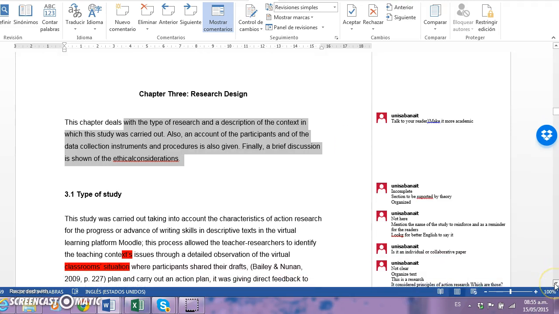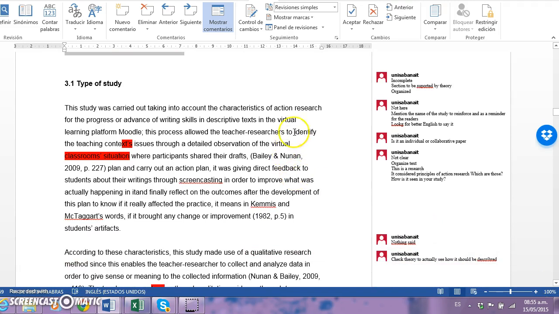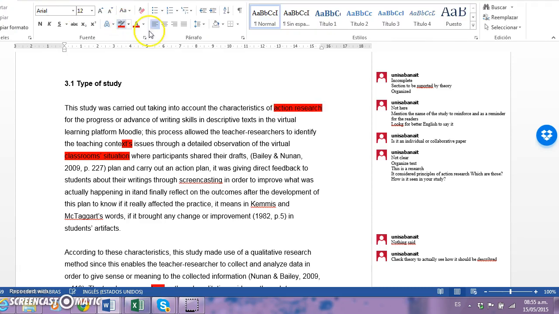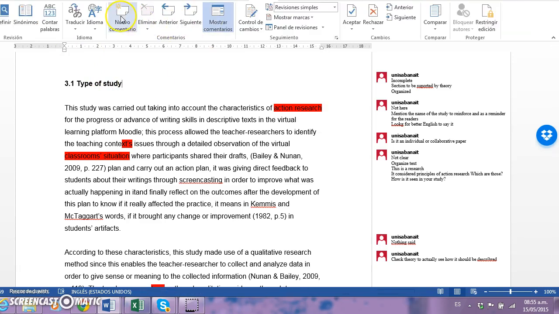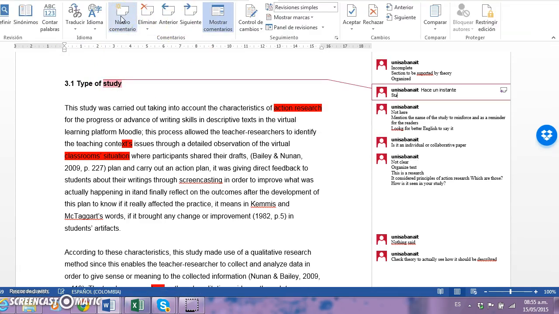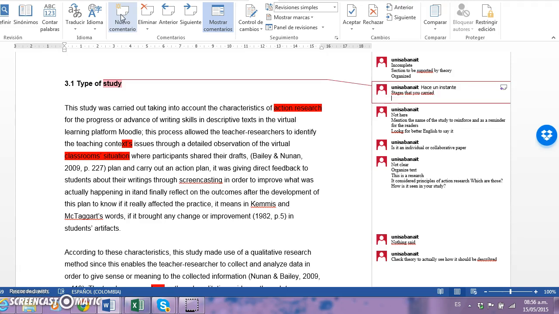In the part on type of study, definitely you need to concentrate on the issue of action research, and you need to find ways to define action research so you can explain why your research is an action research study. Don't forget that here you have to include probably the stages that you carried out, and even the timeline that was considered for this research.